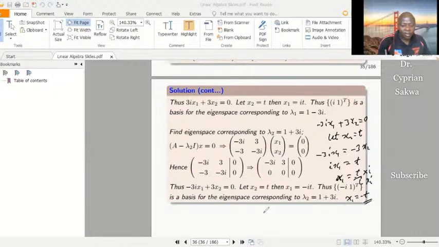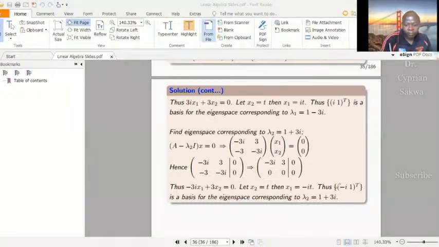And so it will now be negative ti, t, which is negative i, 1 times t. There's the answer.